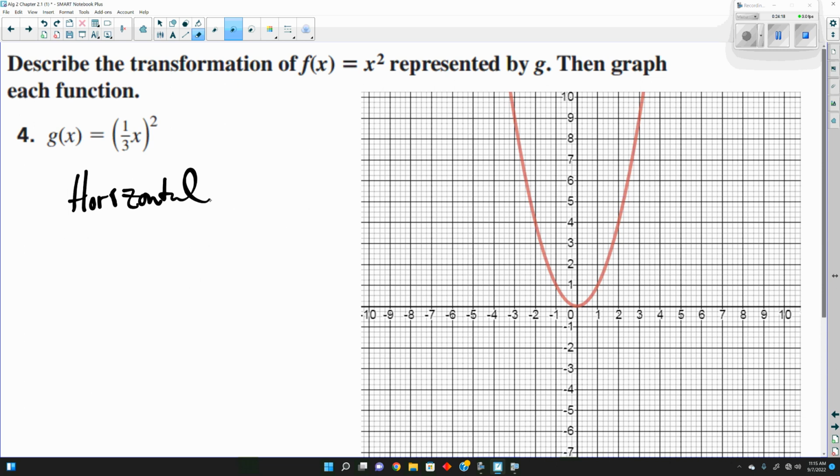As I see, okay, I've got something inside parentheses. You're looking at the bx minus h. Is that 1/3 being added or subtracted to x? Is there a plus or minus sign between x and it? No. So we know it can't be left or right. Left or right has to have an addition or subtraction sign between x and that value. So left and right's gone. Is the 1/3 negative? No.